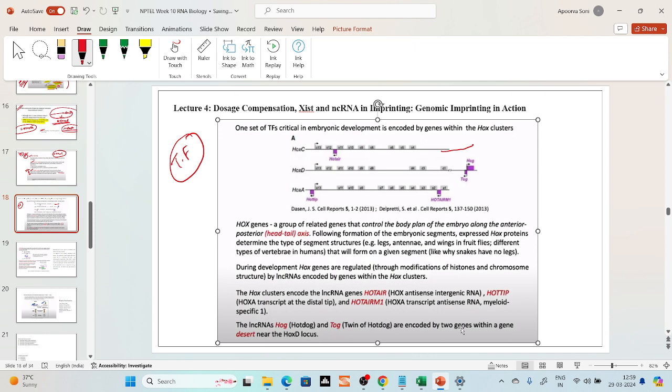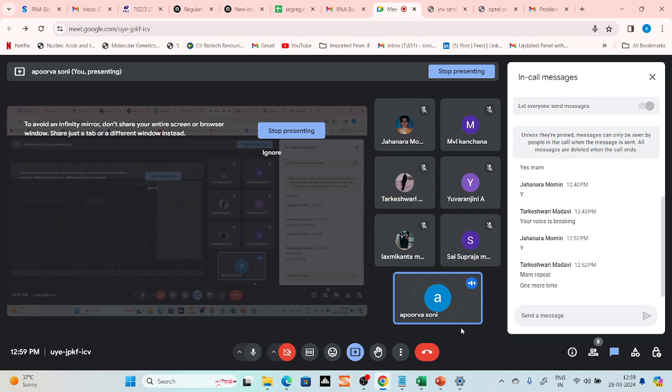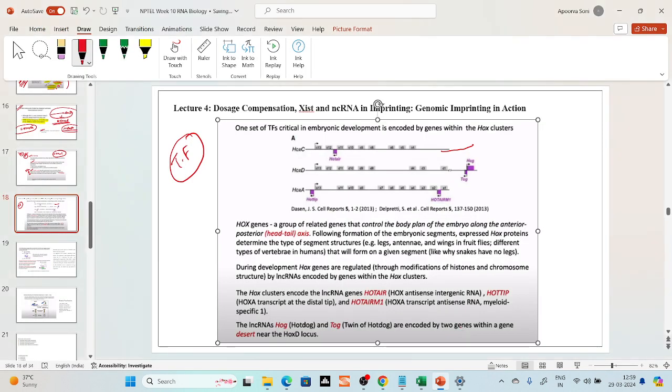So these Hox genes are important for embryonic development, and are present in the Hox clusters. And what are these Hox genes? These genes control the body plan, that means the anterior to posterior axis of the body. They are very important for embryonic development because they control the anterior-posterior axis of the body.